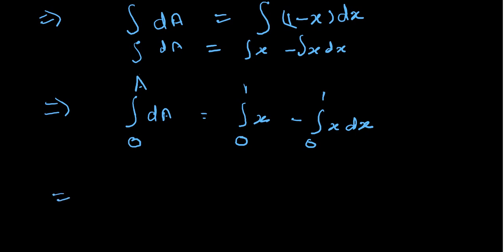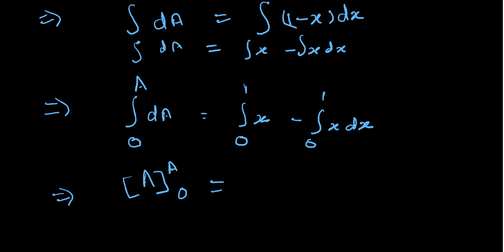We are very much familiar with the integration concept. If you are familiar, then only you can solve the problem of area under the curve. If we break it, this is a dx, and this is also a dx.